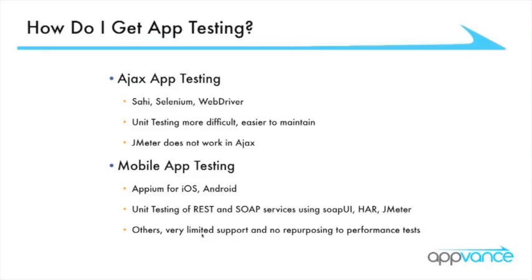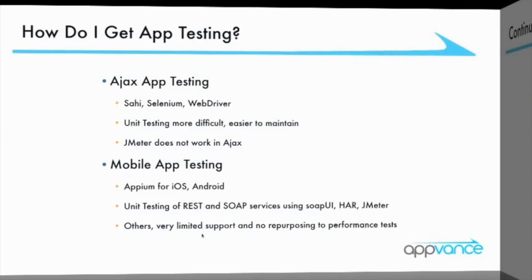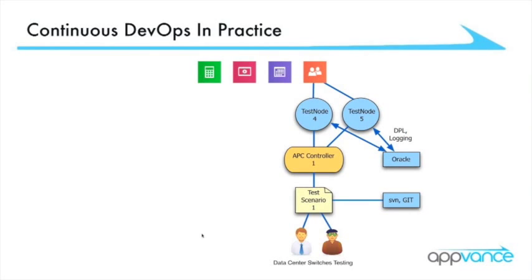You should be able to repurpose a functional test to be a performance test. So with very limited support or no repurposing to performance tests, it means that you're going to have to write the functional test over again in the performance test environment just to move into performance testing. And that has a bunch of downsides to it. So let's look at what this looks like in terms of practice.